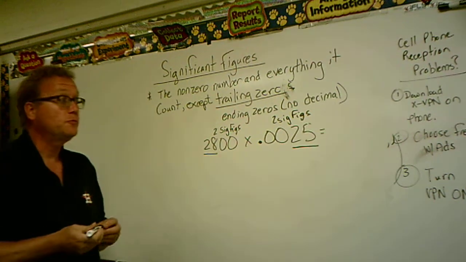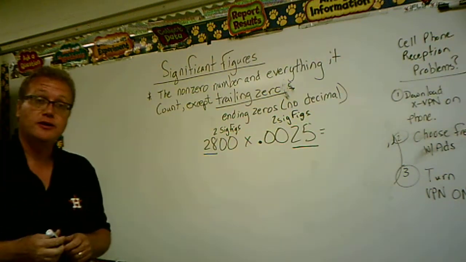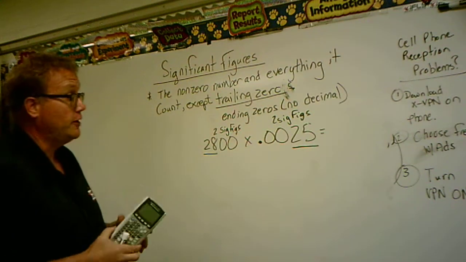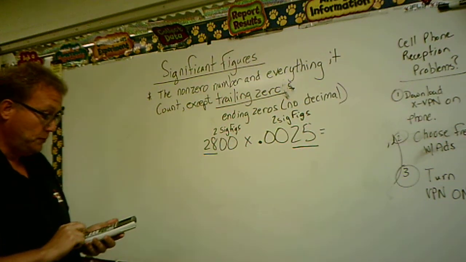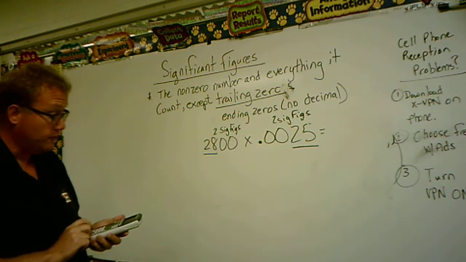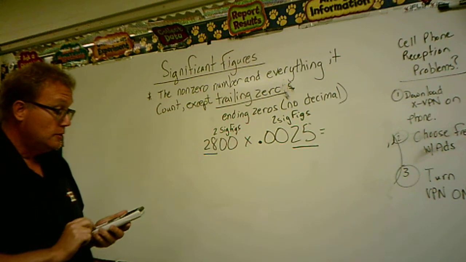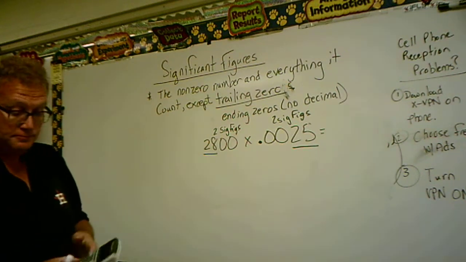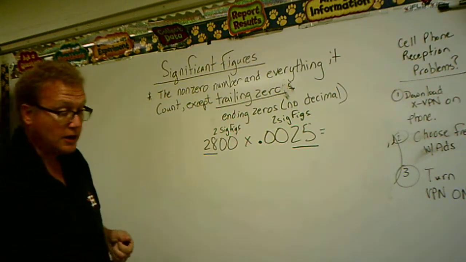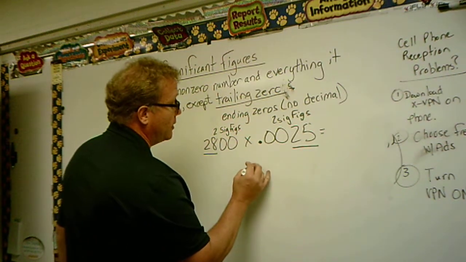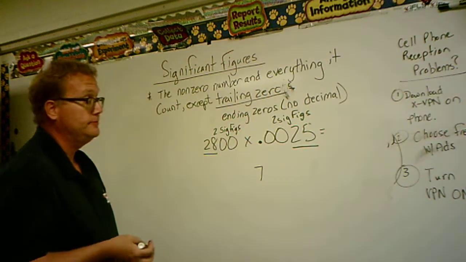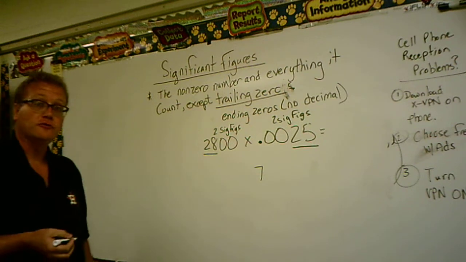The only difference between that and what we just did is now we have to use a calculator, because we don't want to be spending forever trying to get an answer for that, unless you have a whole lot of time. I started doing that and my answer comes out as actually 7, which is a unique circumstance.